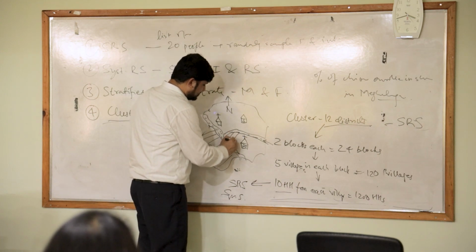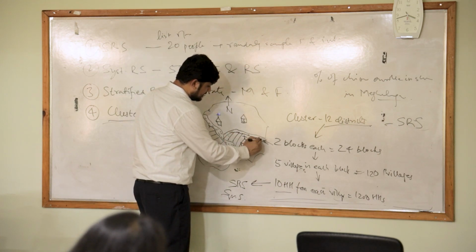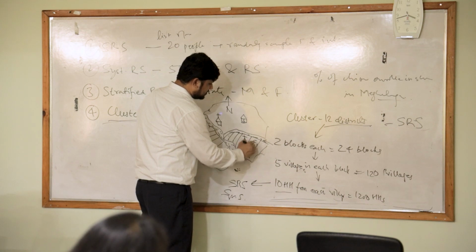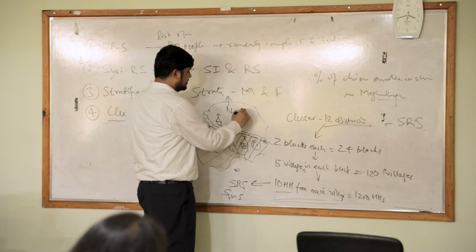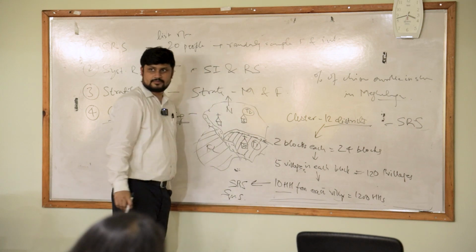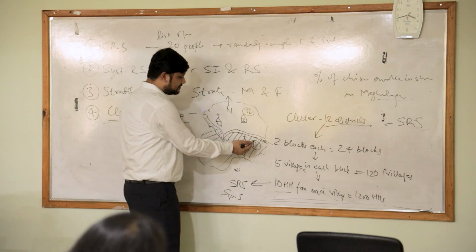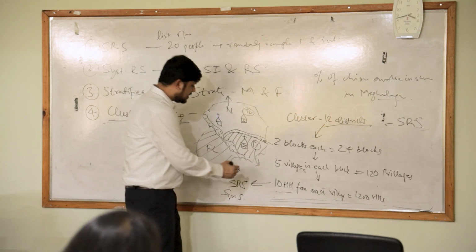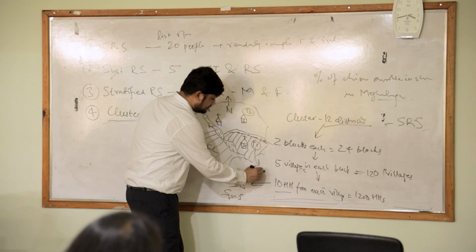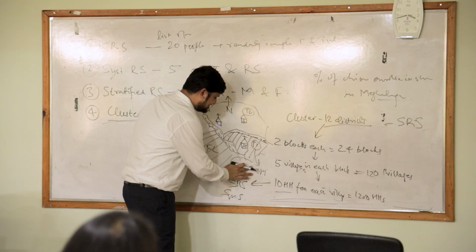So in this part, tribe one households are there, and in this part, tribe two households are there. For tribe one, the total number of households is probably around 250. Sorry, my bad, the total number of households is 60.